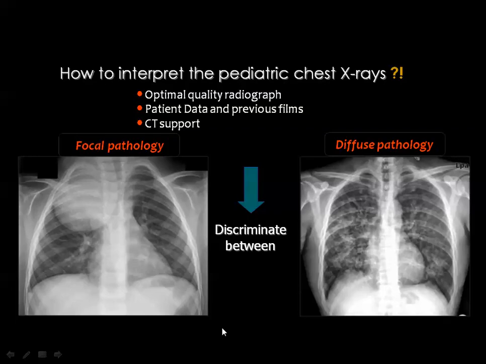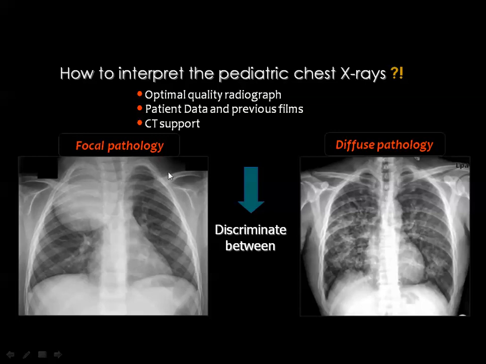And actually, these criteria cannot be easily achieved in the pediatric patient, but we'll try as much as we can to have a good quality radiograph. Number two is to have adequate clinical data about the patient in order to be able to achieve a probable, reliable diagnosis.